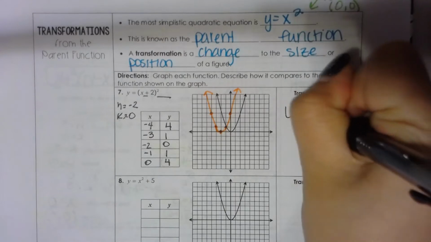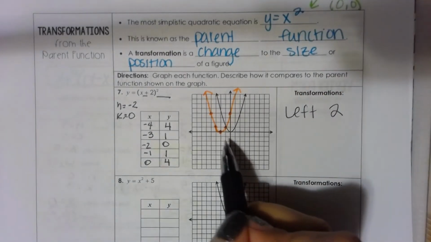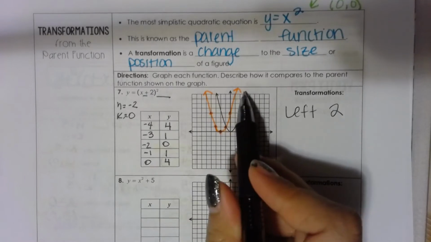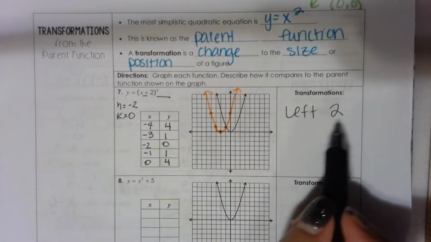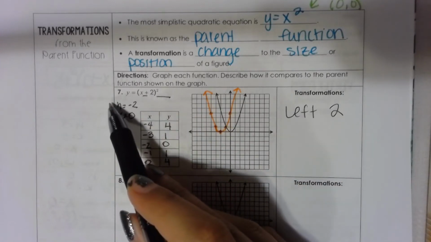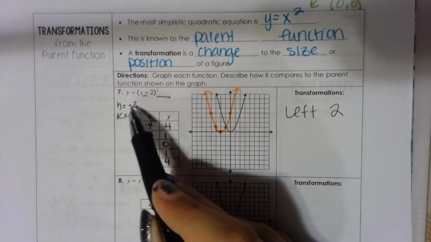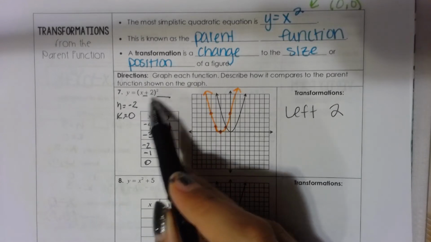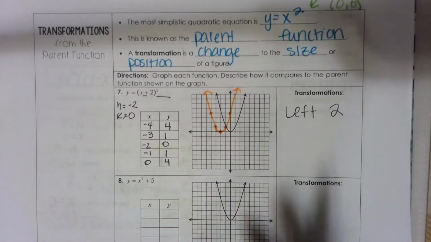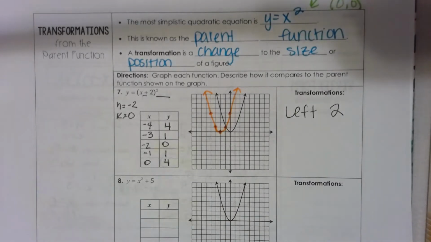So if we had moved this 2 units back, then this would be perfect. Notice that 2 units to the left goes with the negative 2 in your h. Since h was negative 2 in your vertex form, you moved this 2 units to the left from the parent function. This is what's nice about vertex form, as you can see what you're doing.